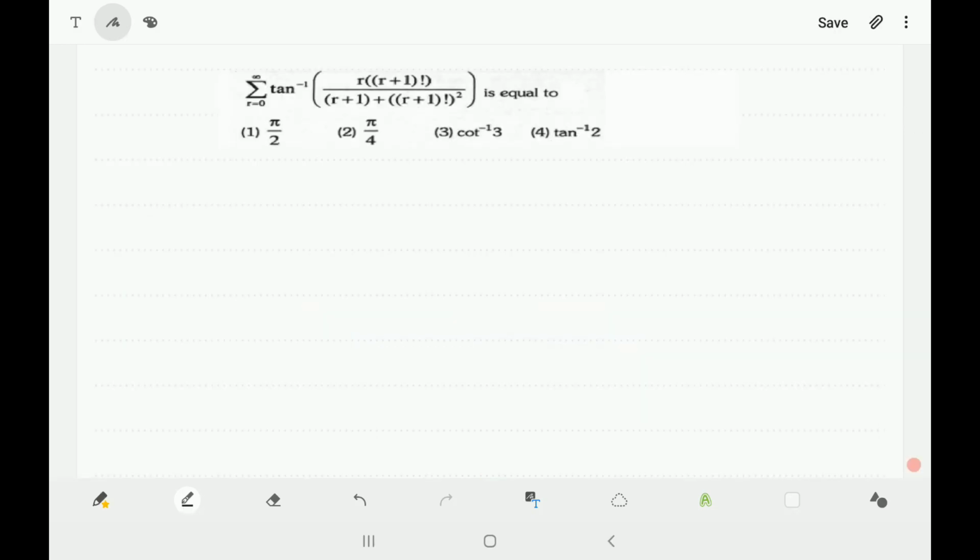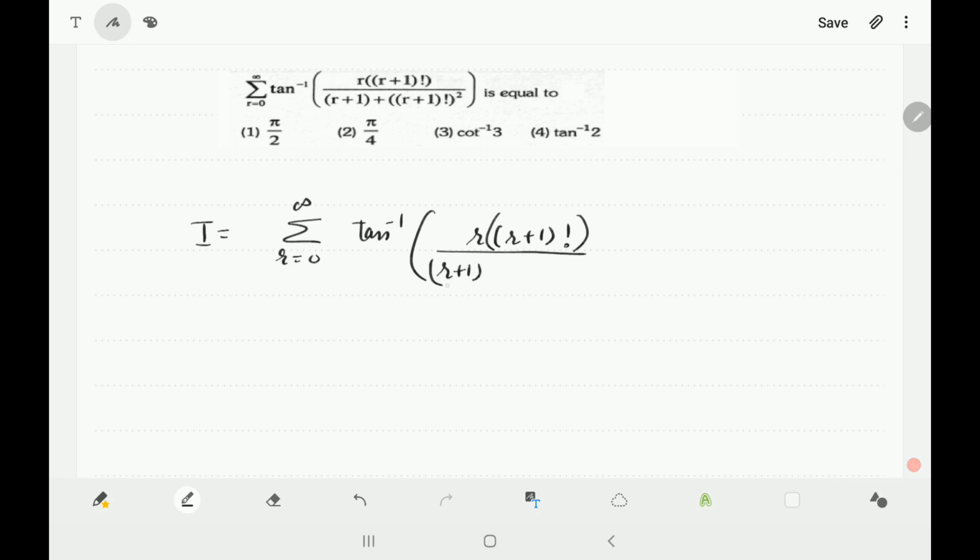This problem is based on ITF series, so let's try to simplify it. I can write I as the sum from r equals 0 to infinity of tan inverse of r into r plus 1 whole factorial, this is the factorial of r plus 1, and in the denominator we have r plus 1 plus r plus 1 factorial into r plus 1 factorial. Now we will try to break it into a Vn kind of series, so that this problem will be solvable.